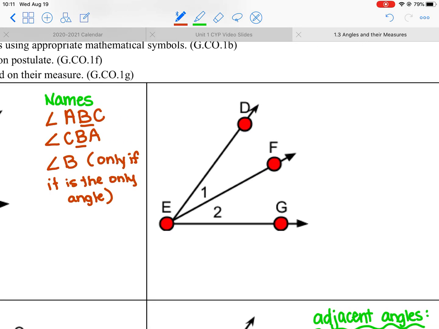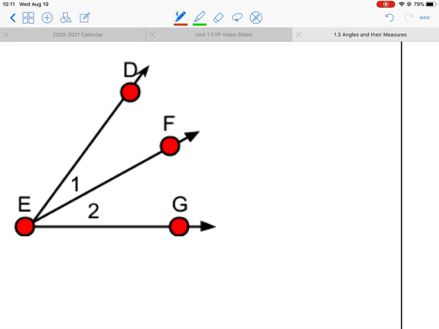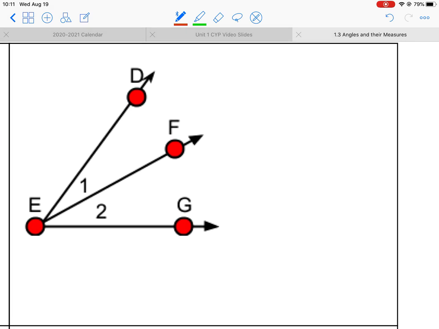So here is an example where there is more than one angle present. And that's when you cannot name the angle only by its vertex, because if I say angle E in this one, there's many different options that it can be. So let's look at each individual angle and how we can name it. There are some numbers in here and that can help me out.